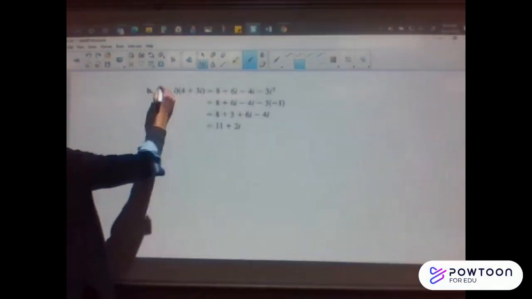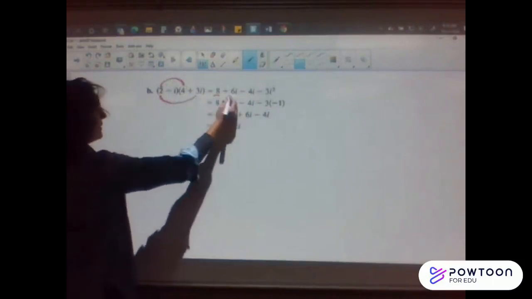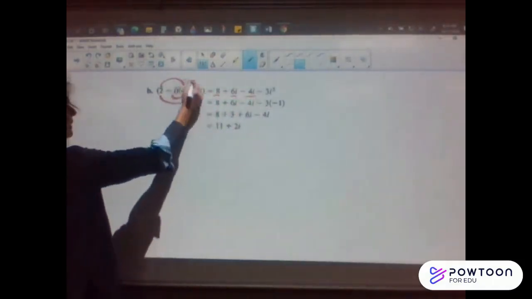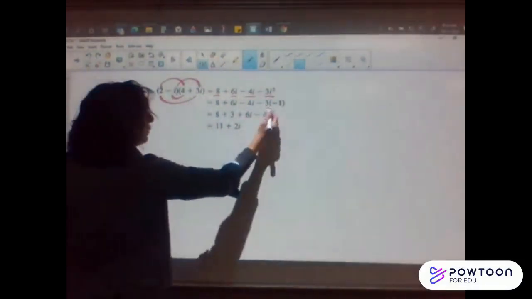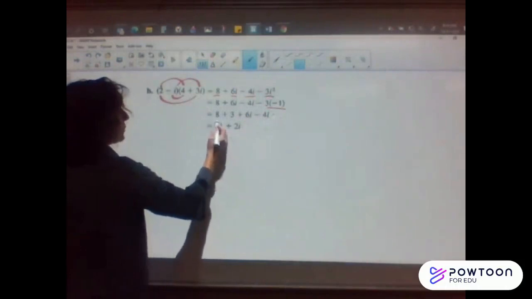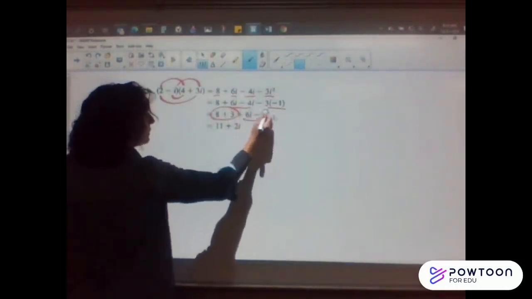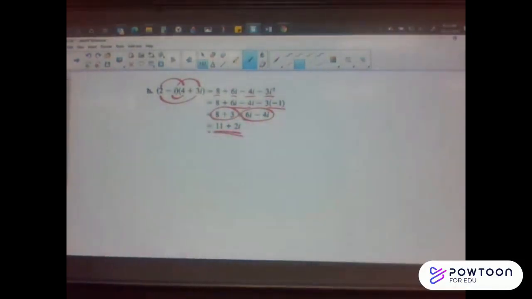Here we have to FOIL. First is 8, outside 6i, inside -4i, last -3i squared. I squared turns into -1, so I can take my 8 plus 3 and combine my outside inside, and we have 11 plus 2i.